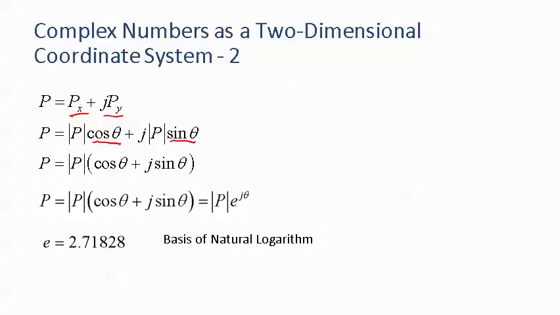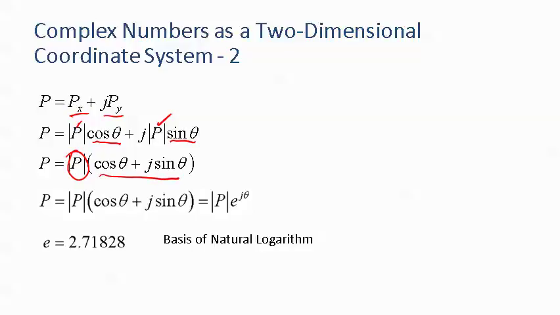Now, when we do this, we can factor out the P values and write it as the absolute value of P multiplied by cosine theta plus j sine theta. Now, that becomes a complex number with a magnitude of 1 at an angle of theta.